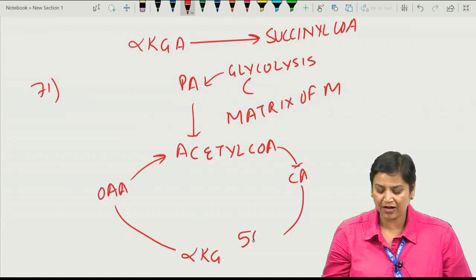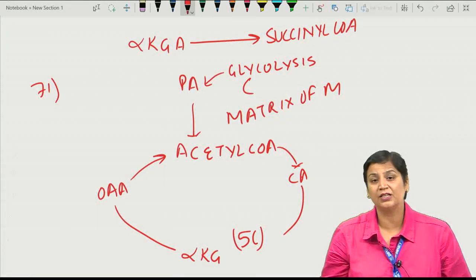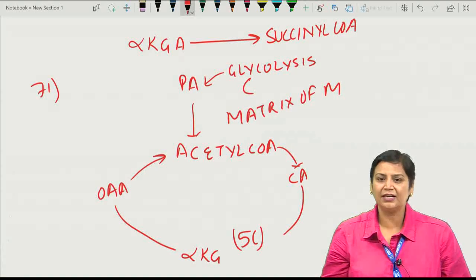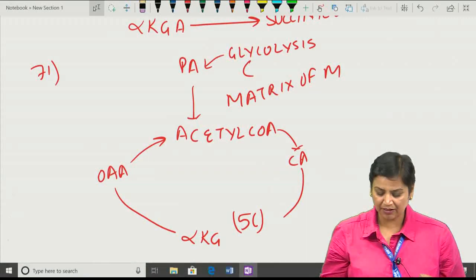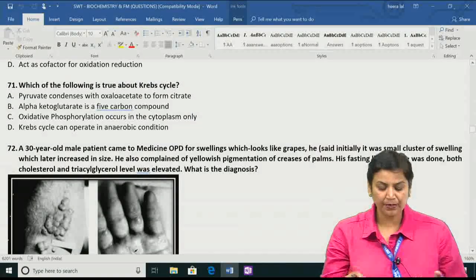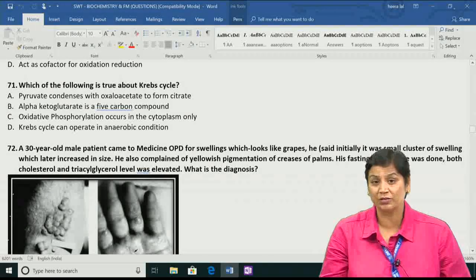Now the second option is alpha ketoglutarate is a 5 carbon compound. Yes, it has 5 carbon atoms in it. This is one of the major intermediates of the TCA cycle, which is converted to succinyl-CoA, then succinic acid, fumaric acid, and then oxaloacetic acid. So this option is correct. Next, oxidative phosphorylation occurs in the cytoplasm. It is not possible.